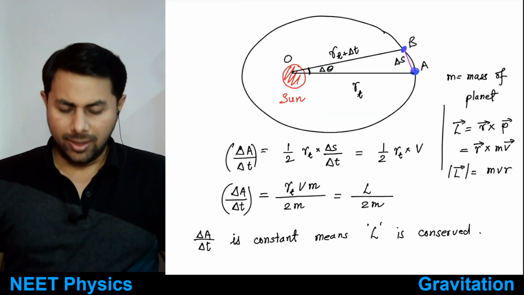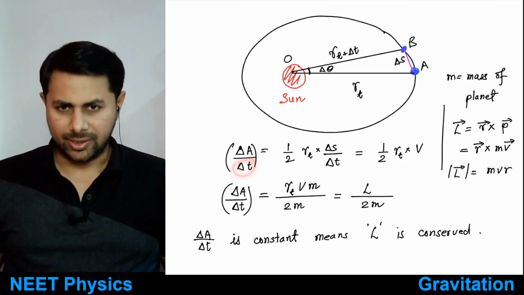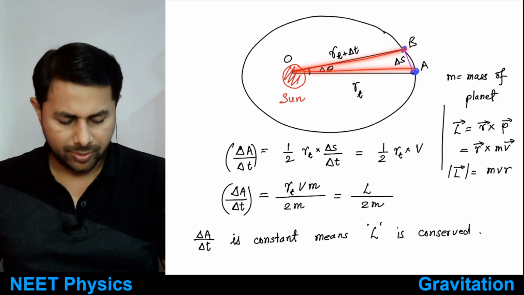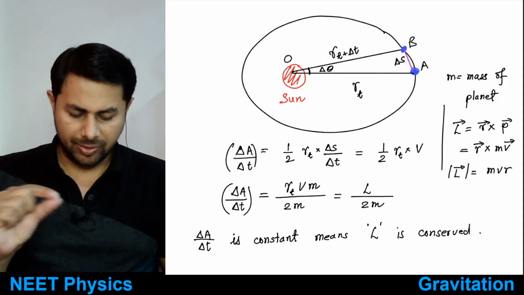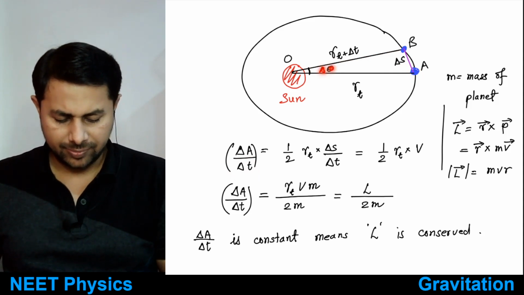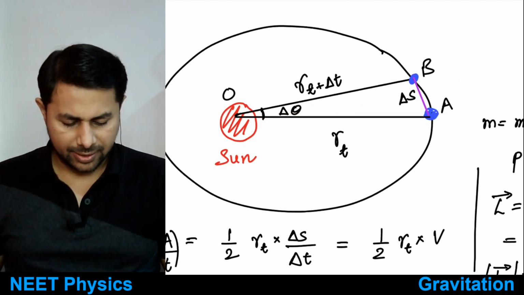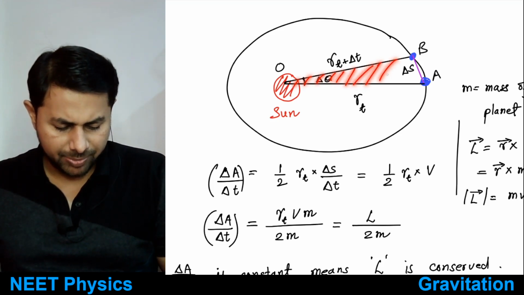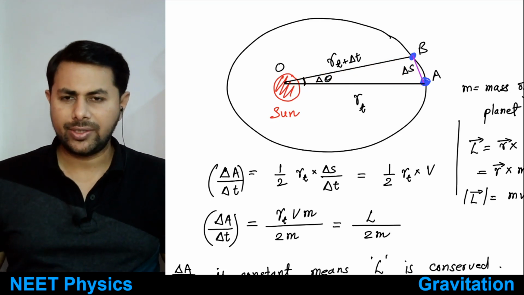The area covered per unit time is a constant, right? Suppose this planet moves from A to B, through a very small angle delta theta. Then the area that it sweeps out is approximately a triangle. And what is the area of a triangle?